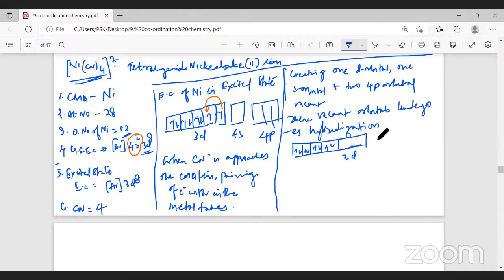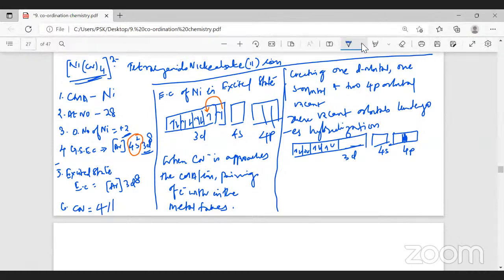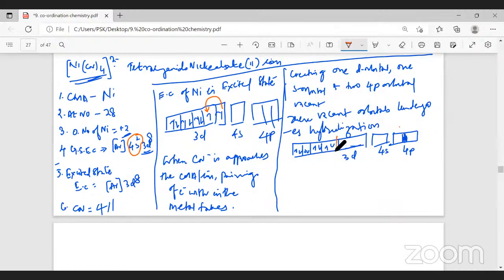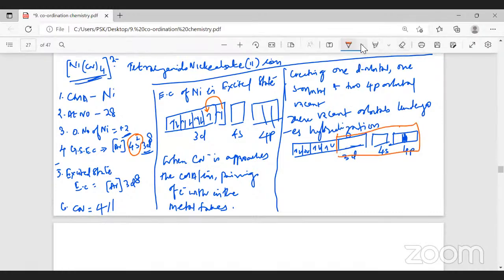This becomes empty, and 4s is empty already, and in 4p we need 2. This is 4p. Because the coordination number is 4, the central metal has to create only 4 vacant orbitals. Now these 4 vacant orbitals undergo hybridization to form 4 dsp2 hybrid orbitals.